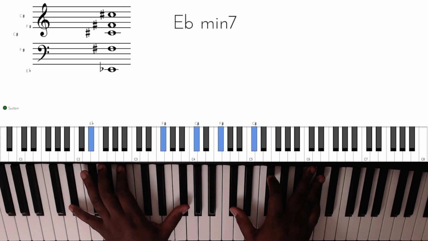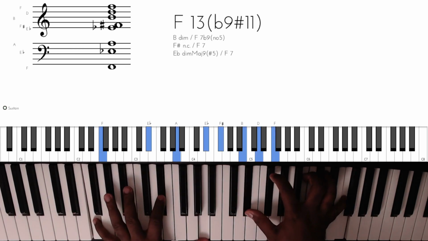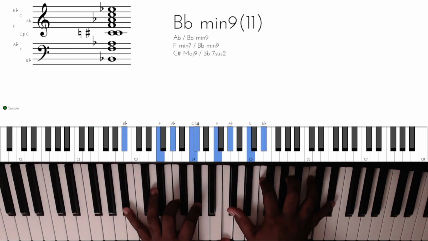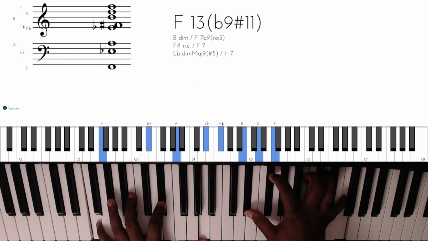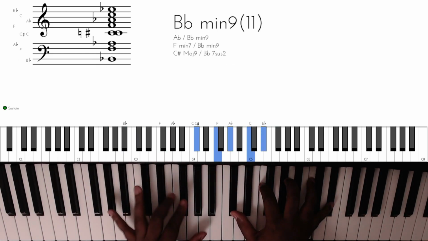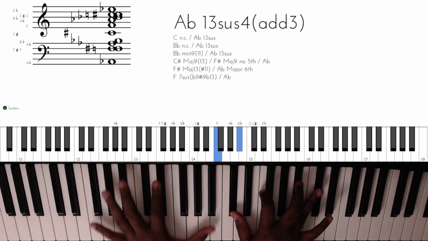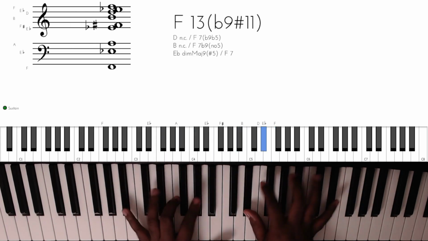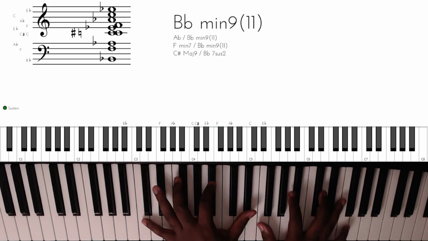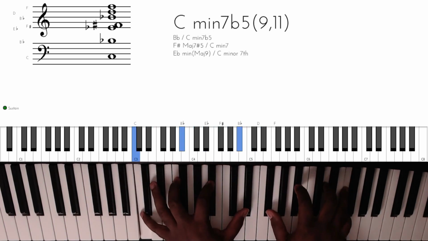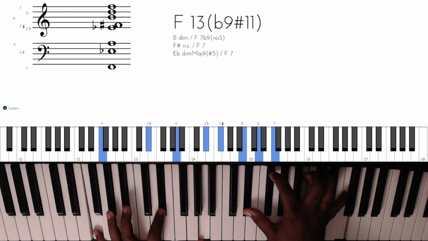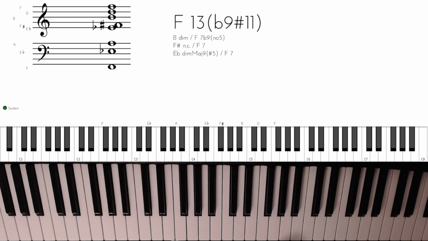Could be from the 2 to the passing chord to the 6. Could be from the 4 to the 6. Could be from the 5. Could be from the 7. Right? So it's all up to you wherever you want to go.